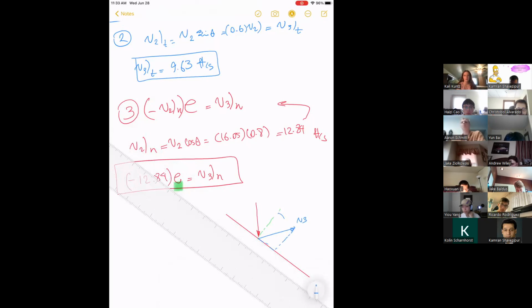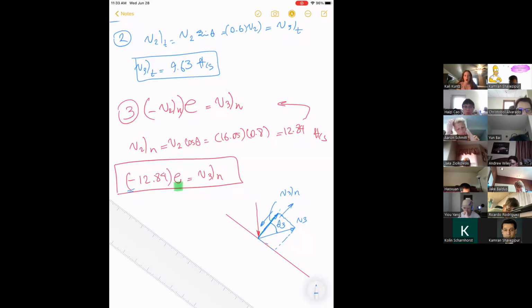How can I find this angle? Let's call it theta 3. If this is V3N, and now you see why you have this negative sign, because when it goes down, approaching, this is V2N, and this is V3 in the opposite direction. So obviously, remember these are vector equations, so it's negative, which means it goes up.